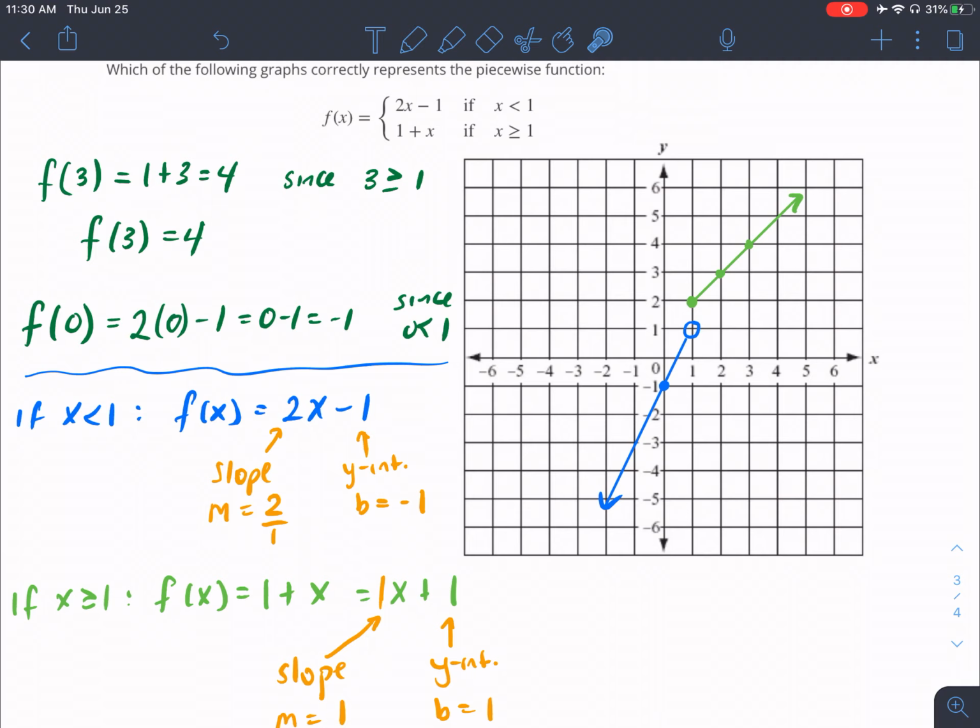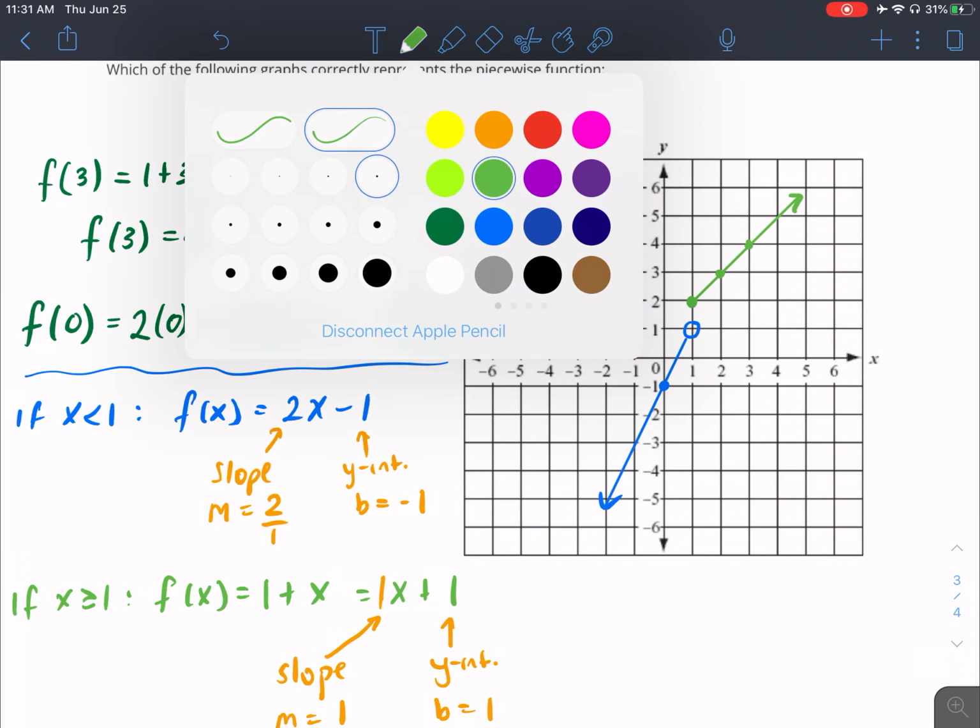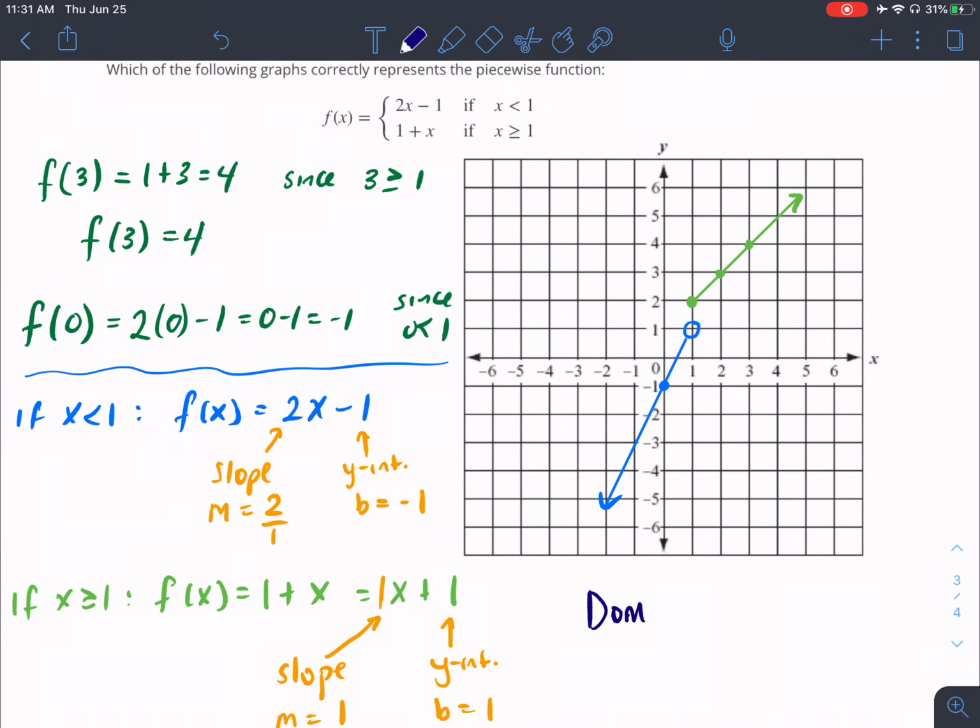So you would look for x values. Notice here the domain, there is no smallest x value. Let's do it just for fun. So if you were asked to find the domain, there is no smallest x value here. So I would put negative infinity. And then you would say, okay, what about these x values? And then at 1, you would say, oh, 1 is not included in my function. But because the green part of the graph is also a graph of my function, notice that even though 1 is not included in the blue part, it is included in the green part of the graph.